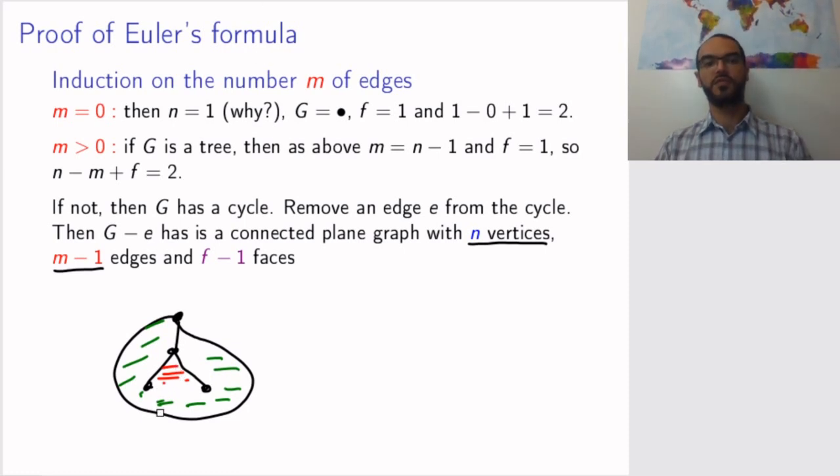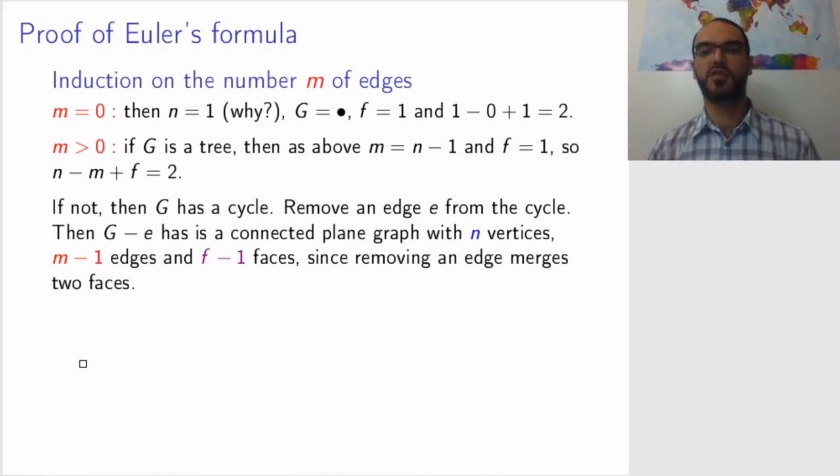So two faces become one. And the same if I had removed this outer edge, then the green face would have merged with the infinite face. So removing an edge merges two faces. Okay, so now I have a connected plane graph with this number of vertices, this number of edges, and this number of faces. And the important thing is this new graph has fewer edges than I started with.